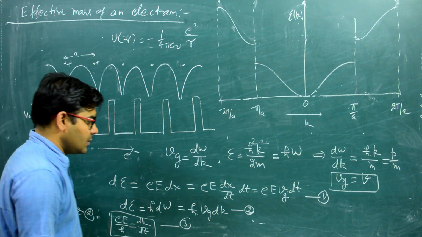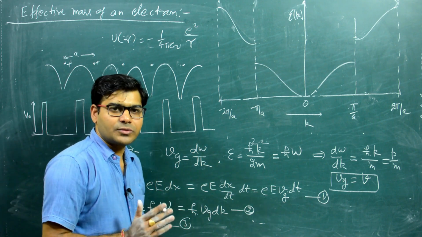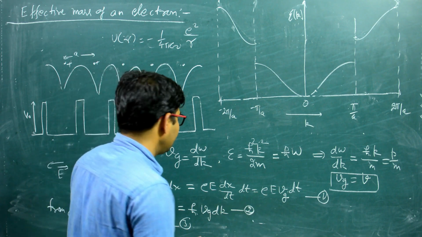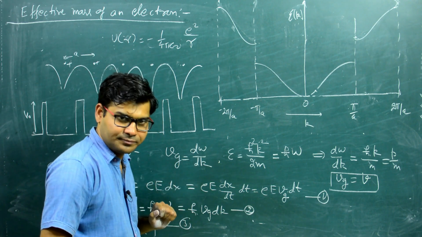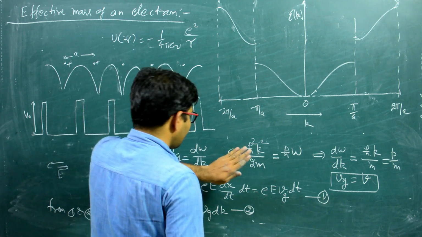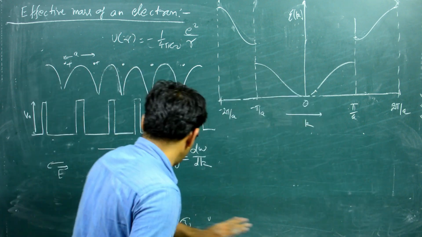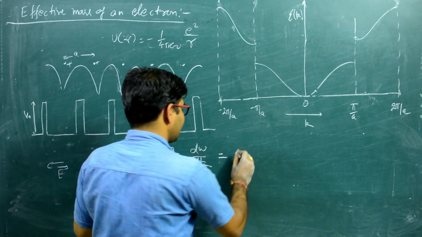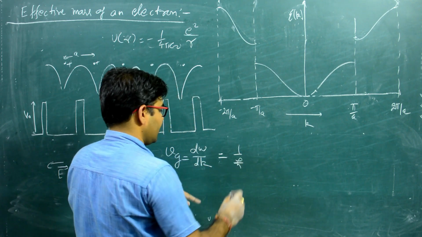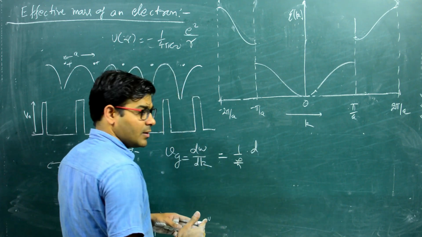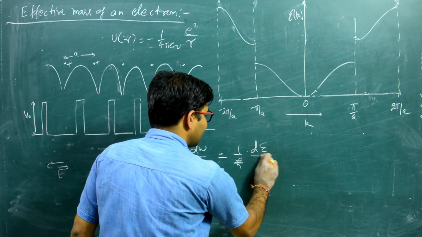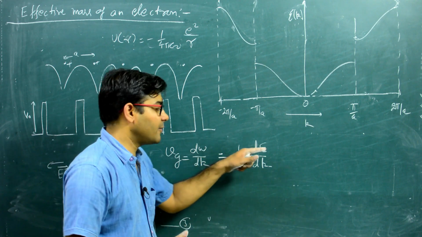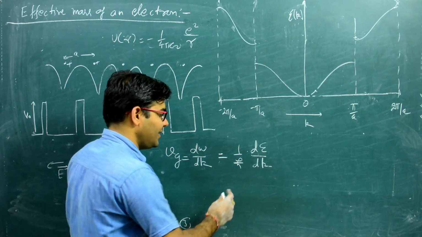Now there is another way of writing down group velocity Vg. We have just seen that Vg is equal to d omega by dk. So if I rewrite my Vg in the form of d epsilon by dk, because if I multiply and divide by h cross, omega will become epsilon, so d epsilon by dk.